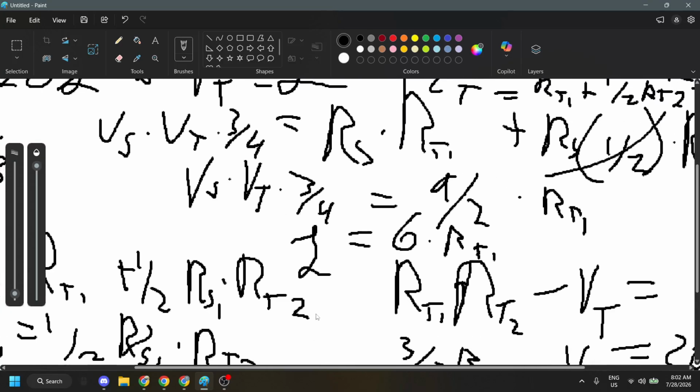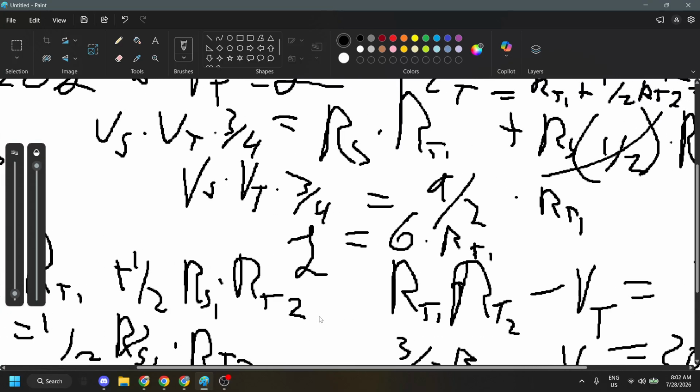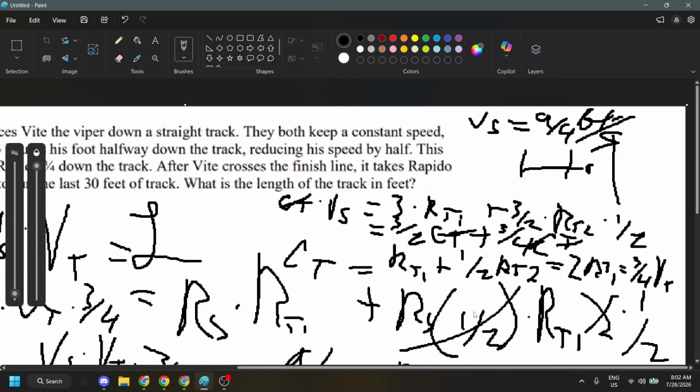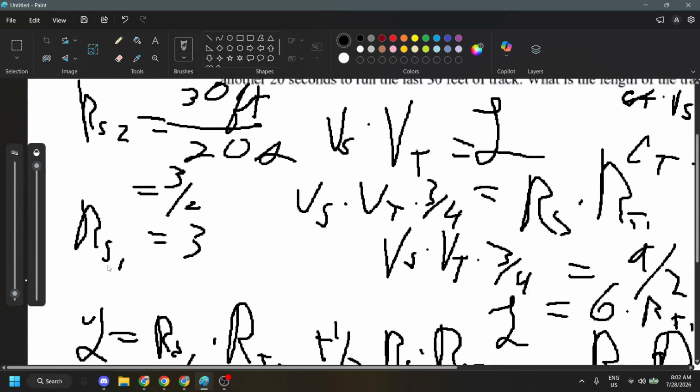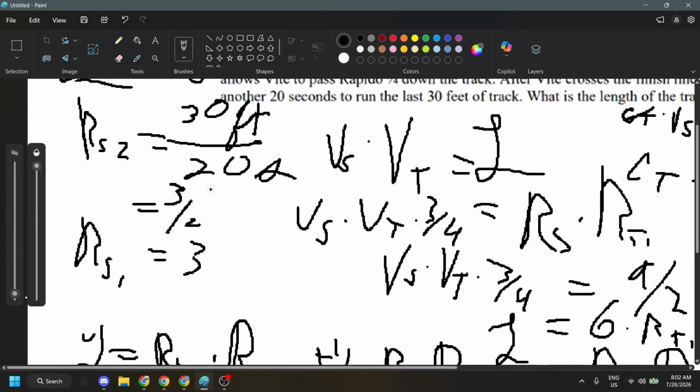So, can I figure this out now? We know that Viper speed is equal to 9/4.